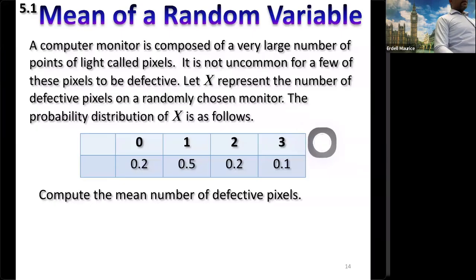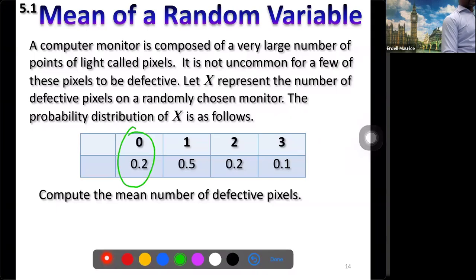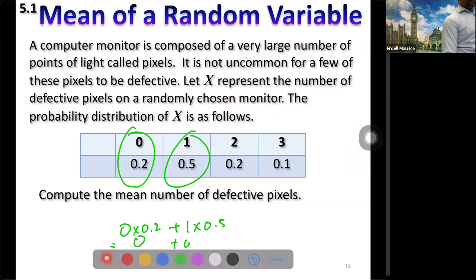Instead, what we're going to do is weight each outcome. What that means is we are going to go column-wise and multiply these together. What is 0 times 0.2? 0. Plus, what is 1 times 0.5? 0.5.